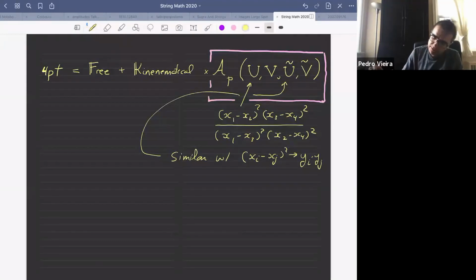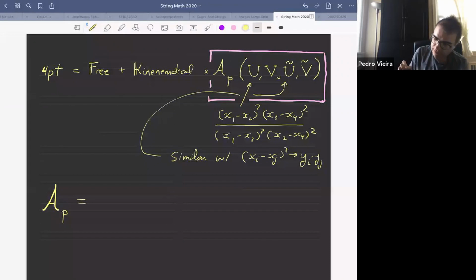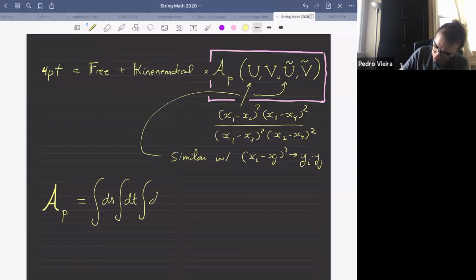The first thing we did with Francesco Aprile was we wrote this A here. As I said, people have been studying it in Mellin space, but we understood that it's convenient to write it in a more AdS5 times S5 friendly way, this A_p, by writing it as some kind of super Mellin transform where we introduce some parameters s, t, but also two new ones, s tilde and t tilde.